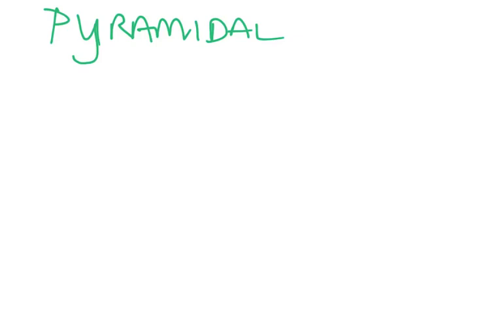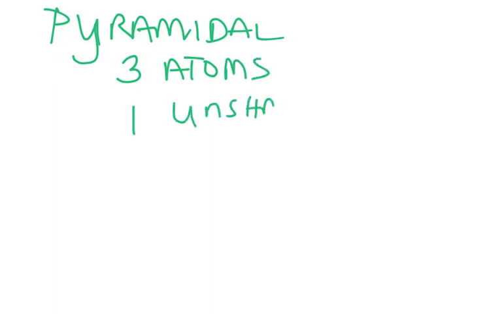Next shape, same idea, is my pyramidal. My pyramidal looks, wait for it, like a pyramid. And this is what happens when you have 3 atoms off the center and 1 unshared pair. So ammonia is a great example of this. You look at your structural formula, here's what you've got.